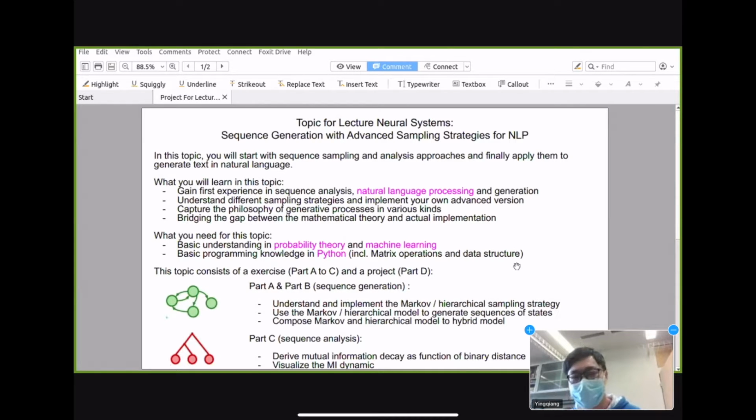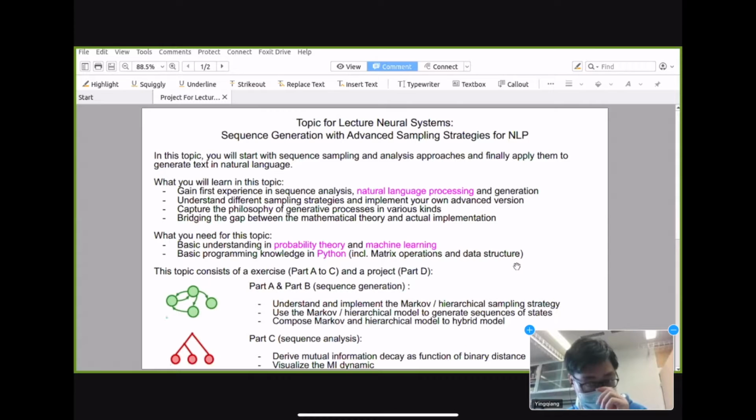You will understand how a sequence is generated and how a natural sentence is produced by setting up a machine learning model and pipeline. The next one is that you will bridge the gap between the mathematical theory and actual implementation. We will provide you a very smooth... how should I put this?